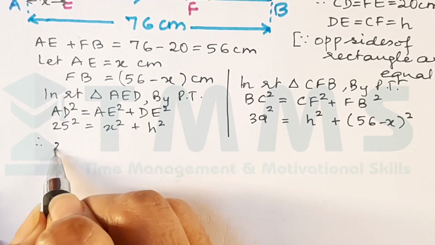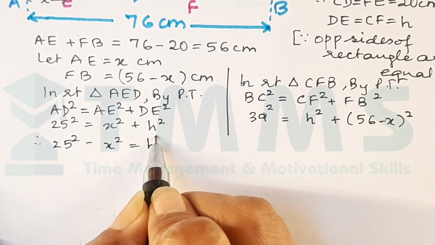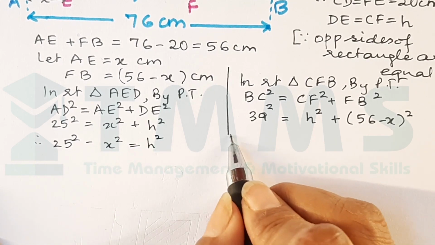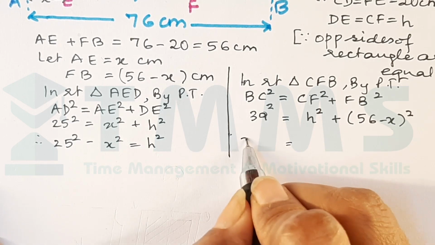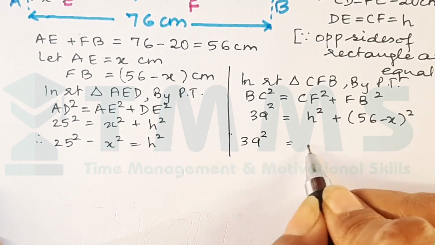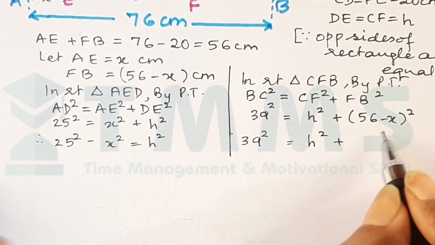So we will have therefore 25 square minus x squared will be equal to h squared, and here this side we will have 39 square is equal to h square plus this, I'm going to open the bracket.